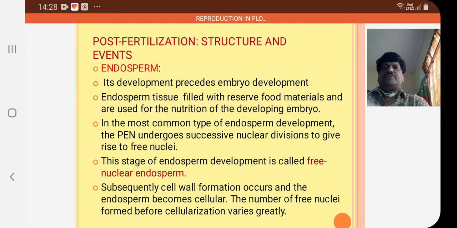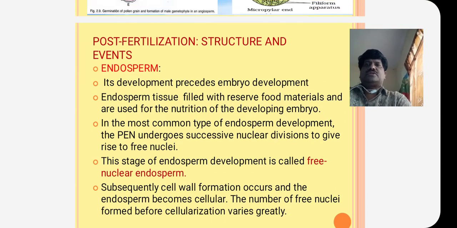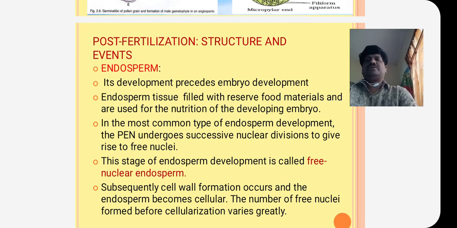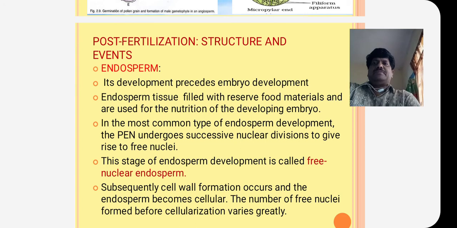Then we come to post-fertilization structures and events. We are discussing first the endosperm, which is the product of triple fusion. Endosperm development precedes embryo development. Can you tell why the endosperm develops first, and only after that the embryo?